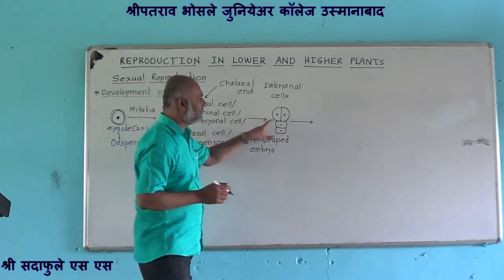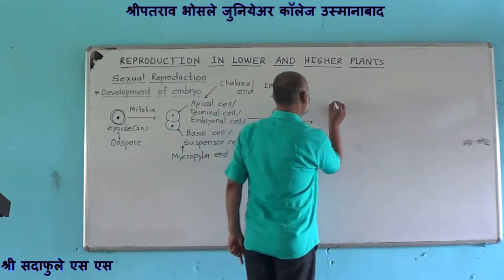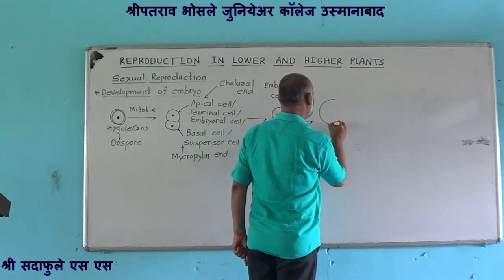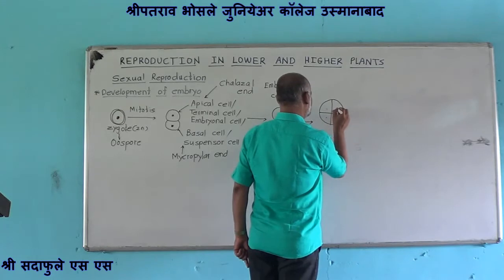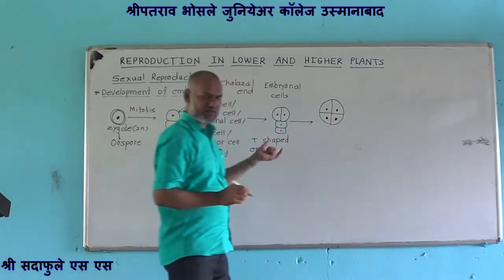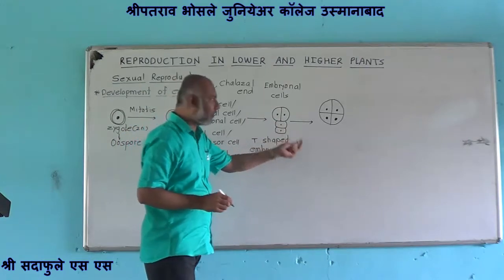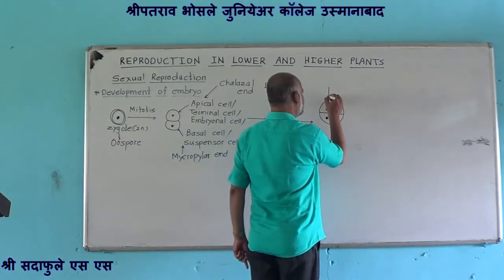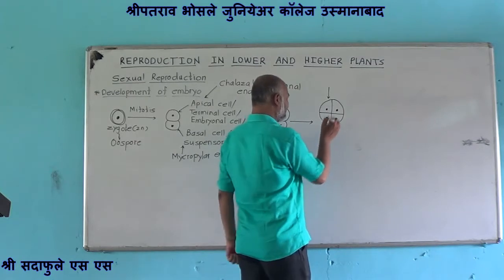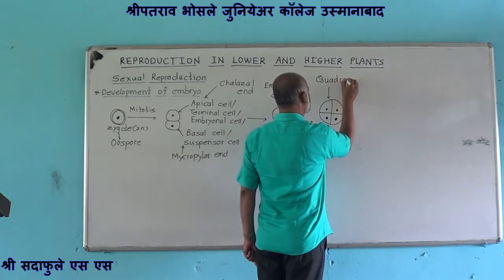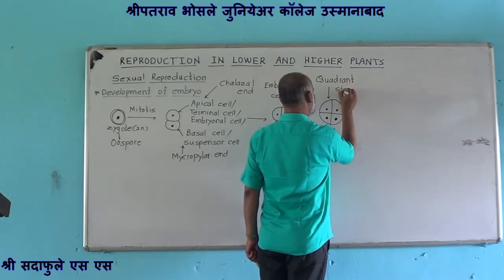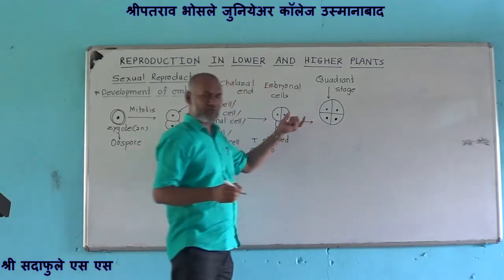Now these two embryonal cells again divide by mitosis to form four cells like this, and this stage is termed the quadrant stage. That is the group of four cells.